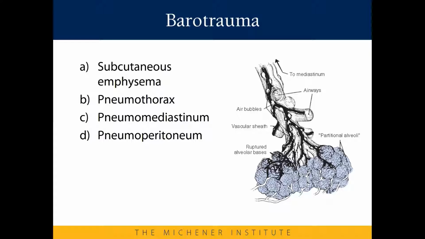To the right, you'll see a picture of the area where the barotrauma tends to occur. We have our ruptured alveolar bases. This is where the rupture can occur. And we're going to talk about shear stress, which can occur between two alveoli. So this is down in the area where these events can happen.